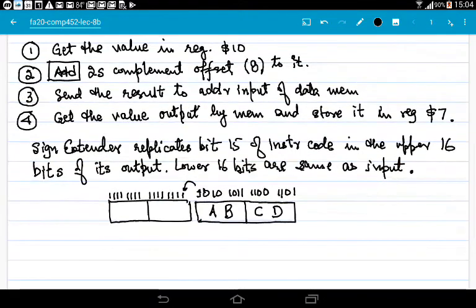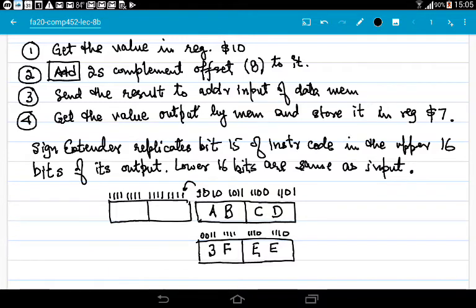Now let's suppose that instead of this, we had a number like 3FEE. Now this 3 means 0011, F means 1111, E means 1110, E means 1110.